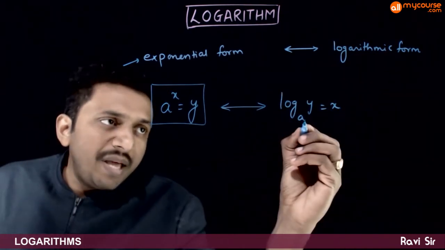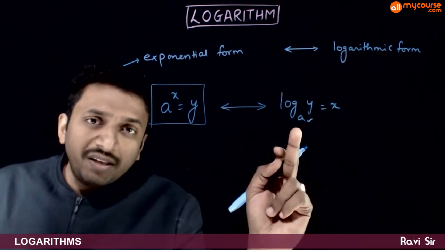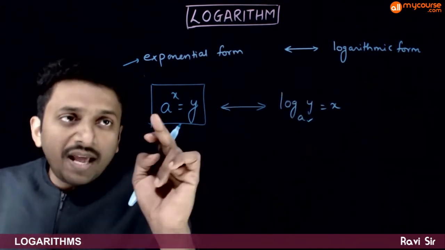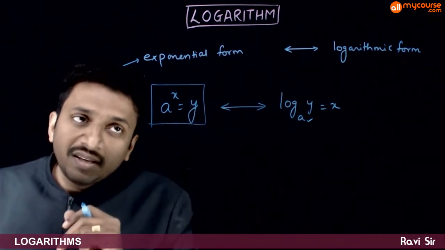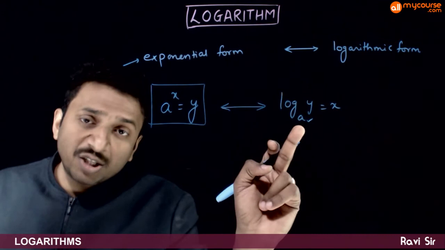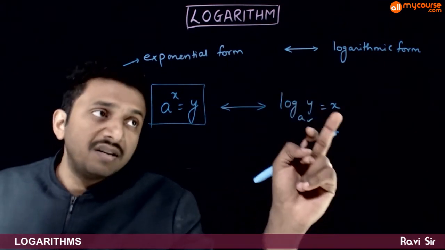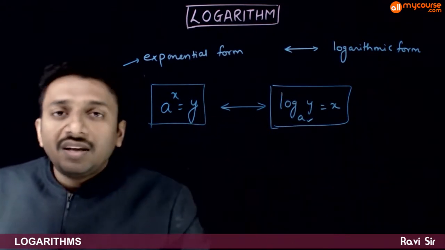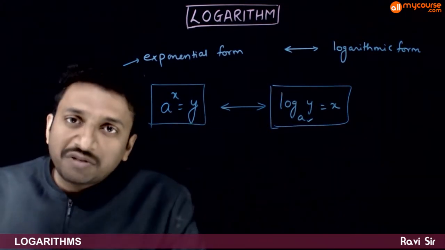That is, the base a needs to be raised to the power x to get y as the answer. So a raised to power x gives y. The power to which base a has to be raised to get y as the answer is equal to x.